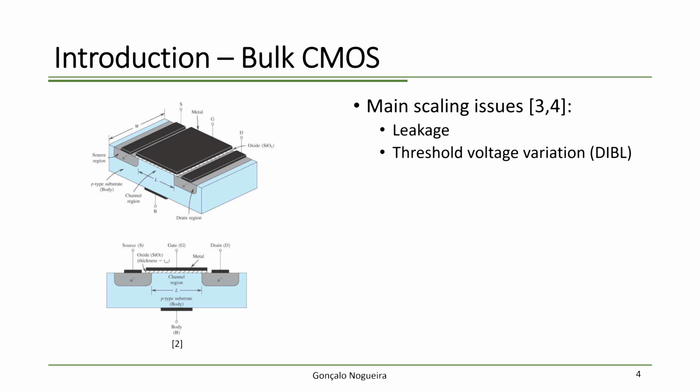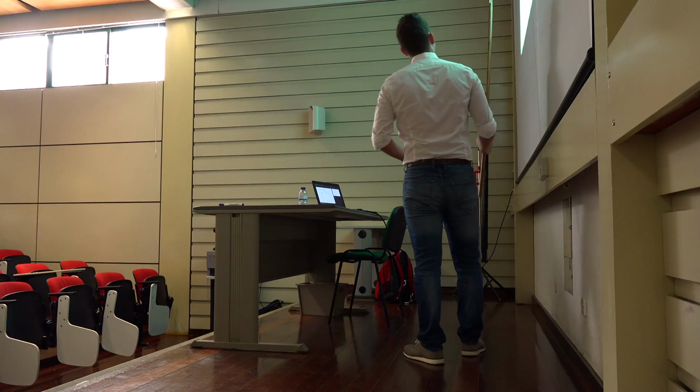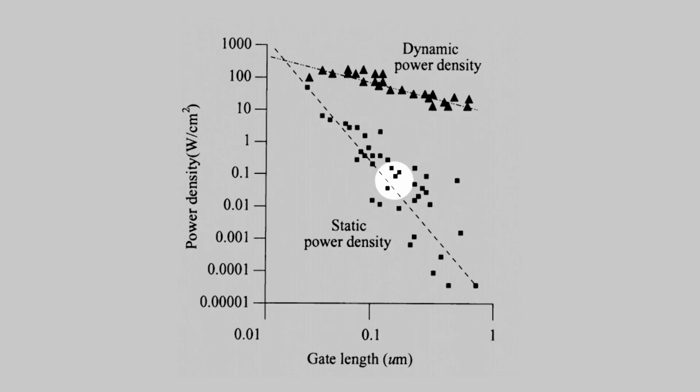This has become so preeminent that it's also one of the main reasons to move on to a different structure for the transistor. Just to give you an idea, here you've got the problem of leakage. The dynamic power density that you see here is the power consumed by the circuit in operation.